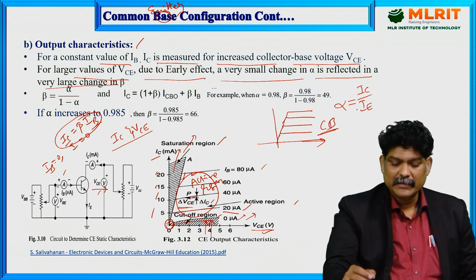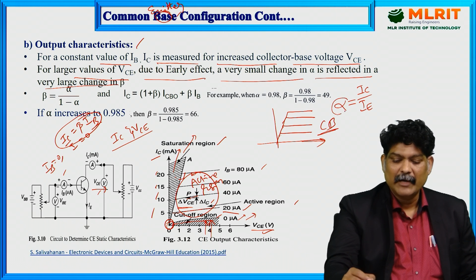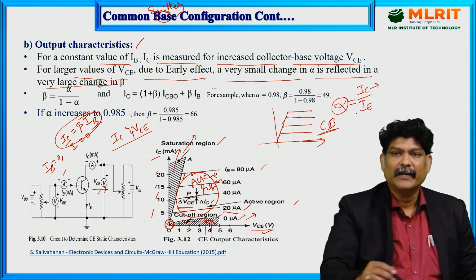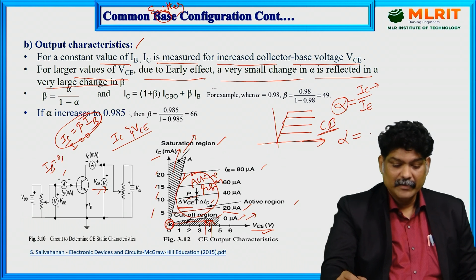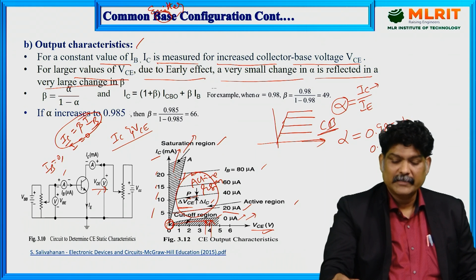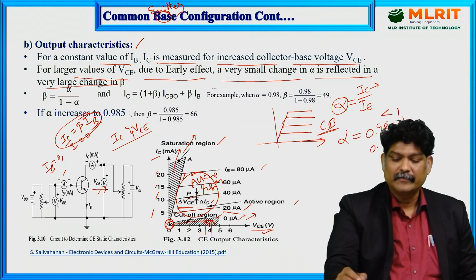If you recollect the common base configuration, alpha is the amplification factor, IC by IE, and its value is usually from 0.985 to 0.99 something, so it is less than 1.